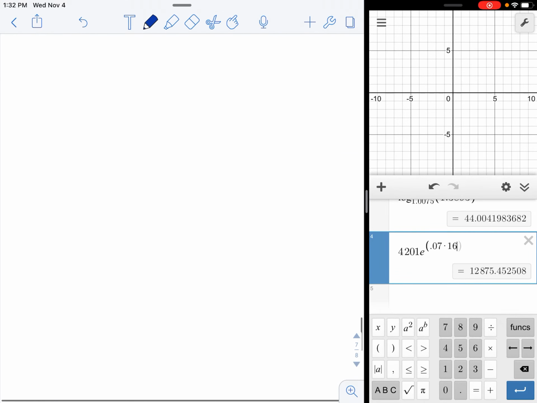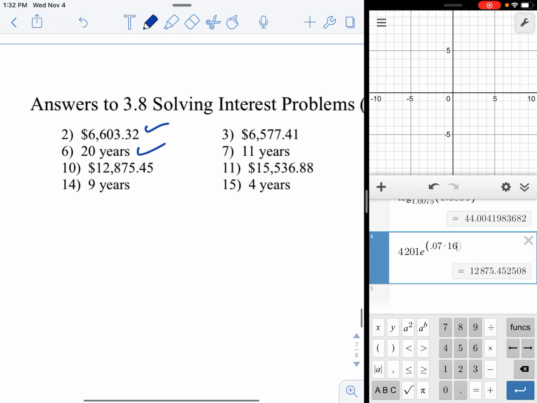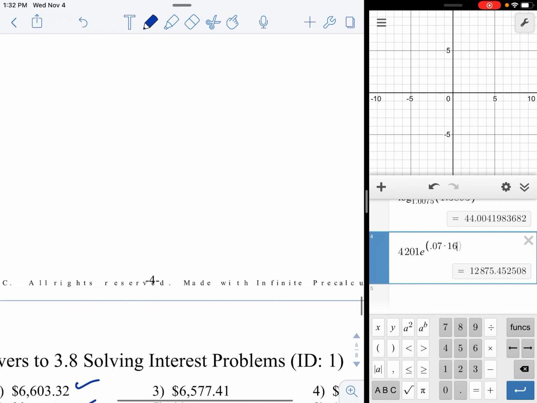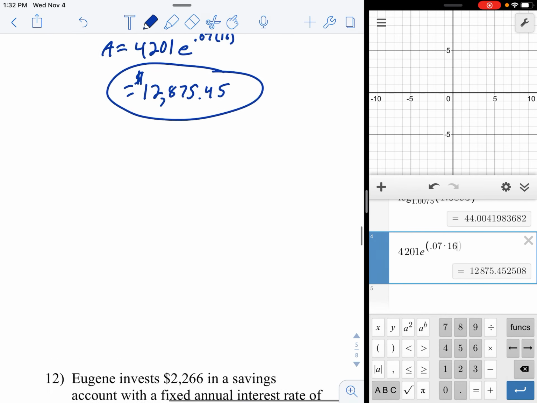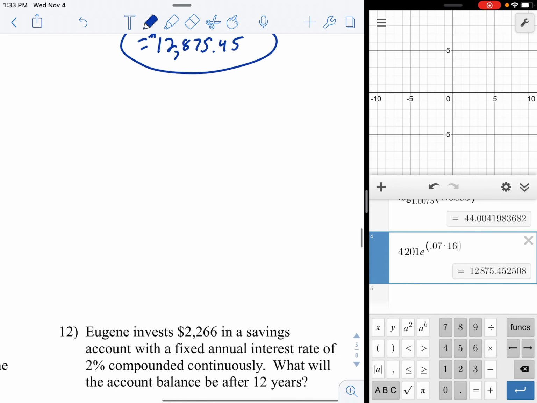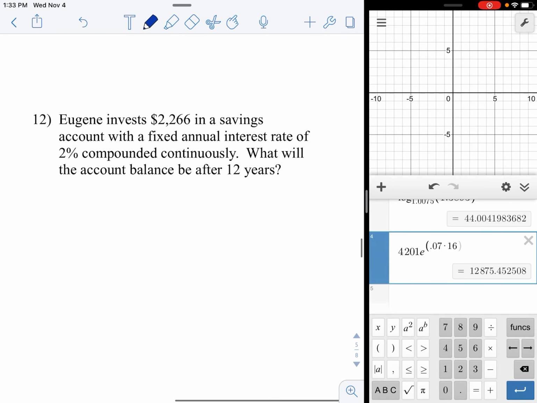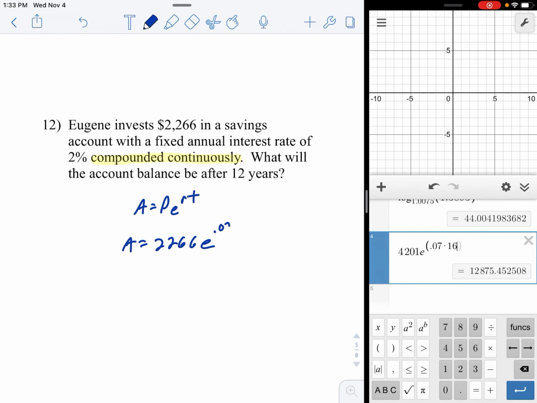Let's check number 10 though, make sure I didn't mess anything up. Yep, $12,875.45. Looks good. Number 12 now is just repetition. We have, again, the key phrase compounded continuously. A equals P e to the rt. So A we don't know. Principal 2266. e is the constant. r is 0.02 multiplied by the time of 12 years.